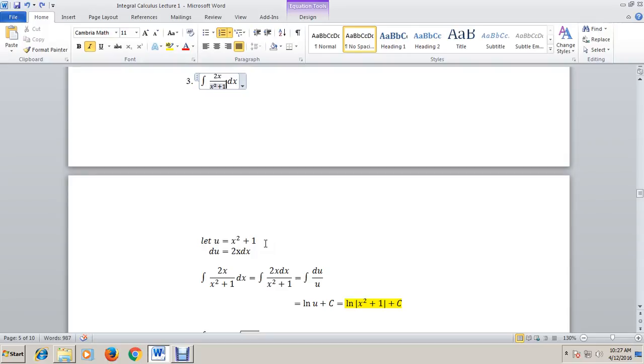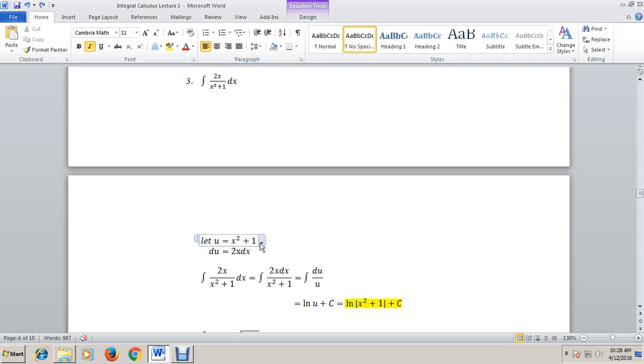Now the derivative of u is du. The derivative of x squared plus 1, doing the power formula for finding the derivative, you bring down 2, you have 2x and you subtract 1 from your original exponent. So 2 minus 1 becomes 1. So your expression here for the derivative would be 2x dx.